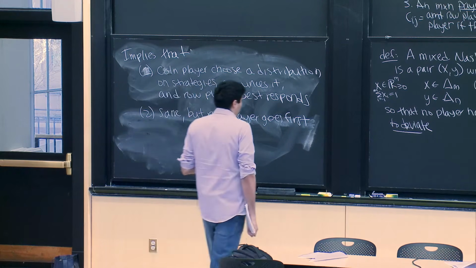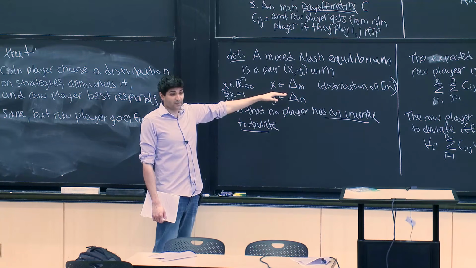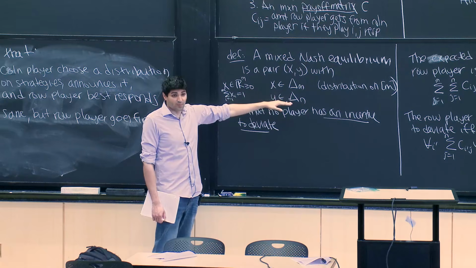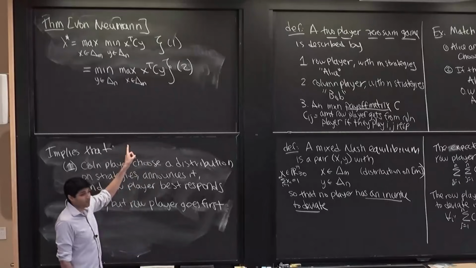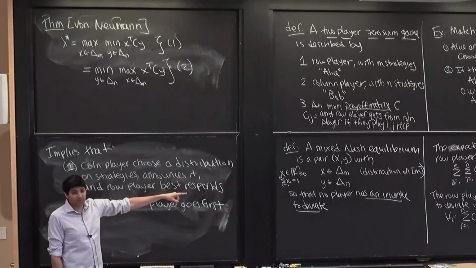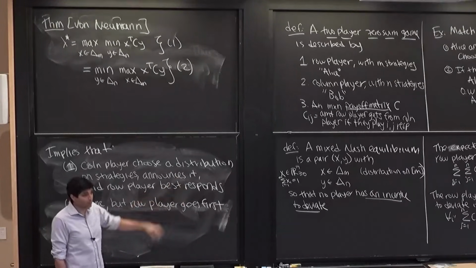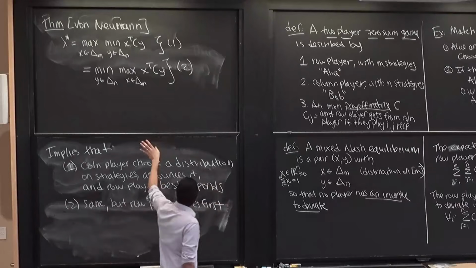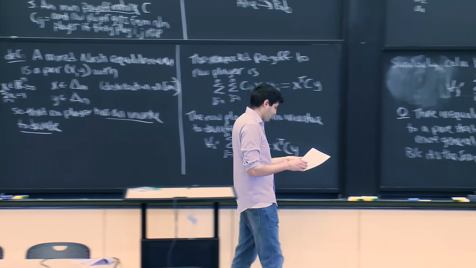Now, a mixed Nash equilibrium is more promising because we've augmented the strategy space so that Alice and Bob choose distributions. What I claim, the corollary of this theorem, is that every zero-sum game has a mixed Nash equilibrium. So that's the first thing we're going to prove. And then we'll come back and we'll prove the Minimax theorem based on our understanding of LP duality.